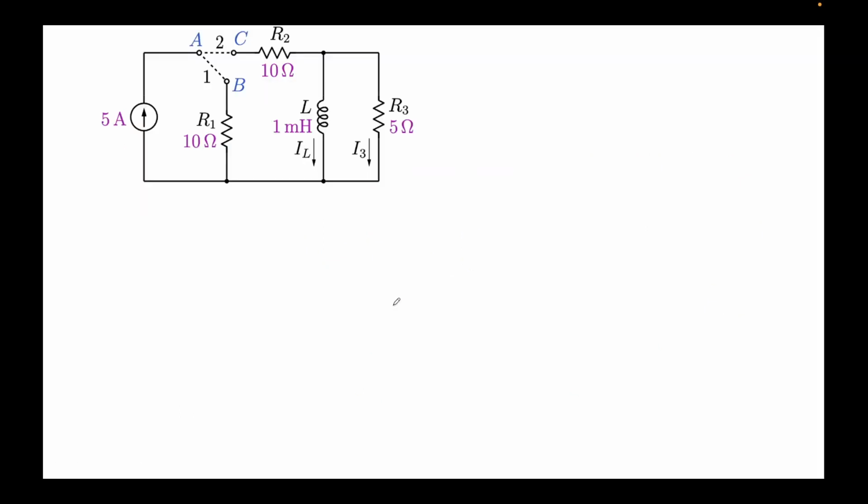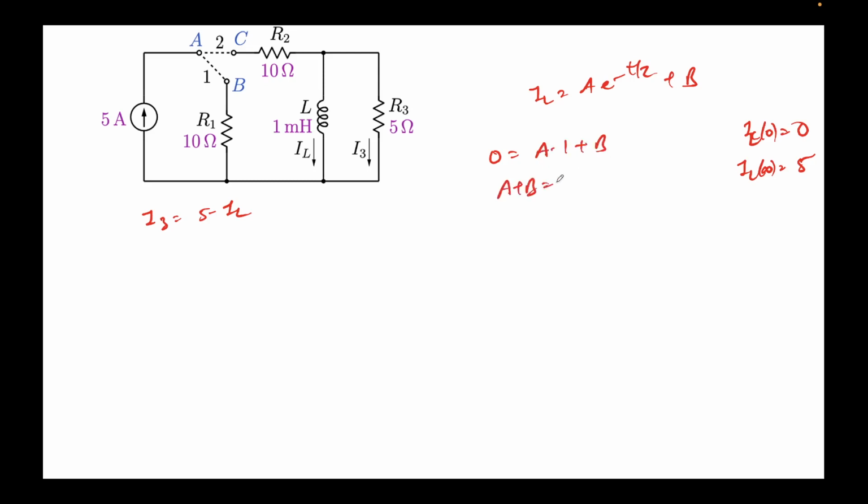We had I3 was 5 minus IL, and IL we saw was A e to the power minus t by tau plus B, where IL at 0 was 0 and IL at infinity was 5. So let's put these values here. At t equal to 0, this will be A times 1 plus B. So this gives A plus B equal to 0.